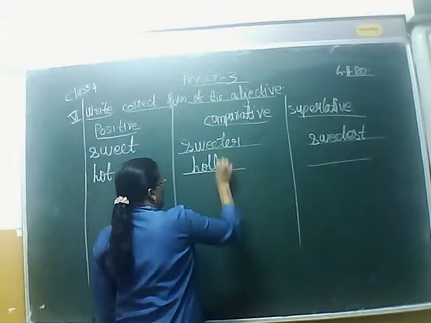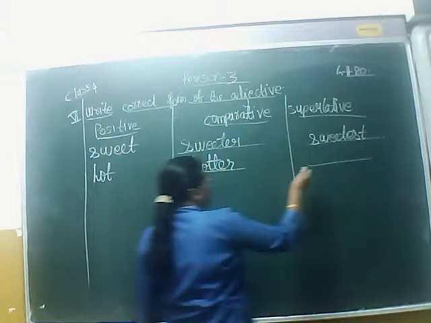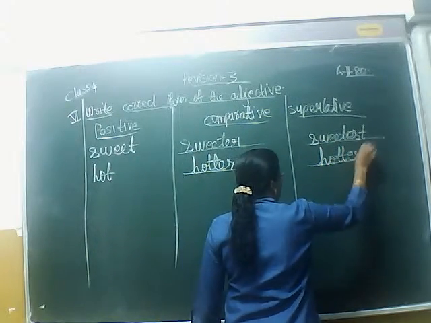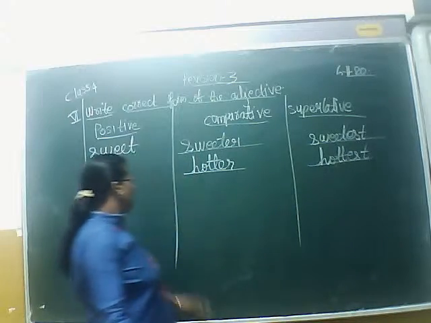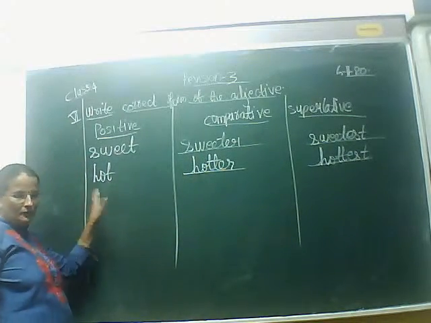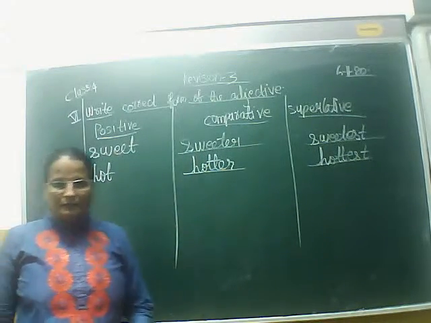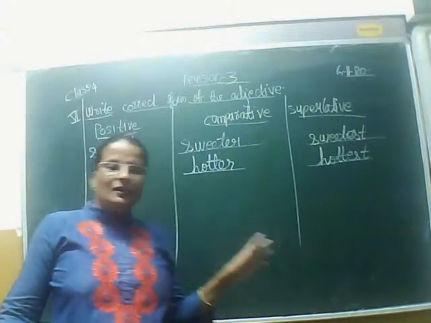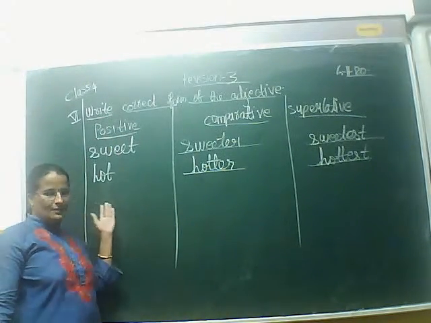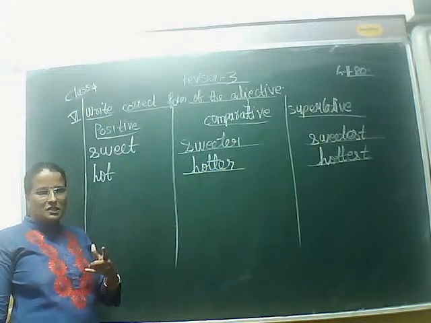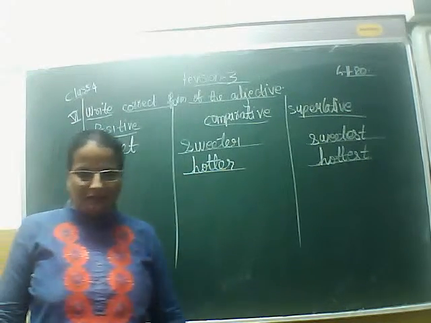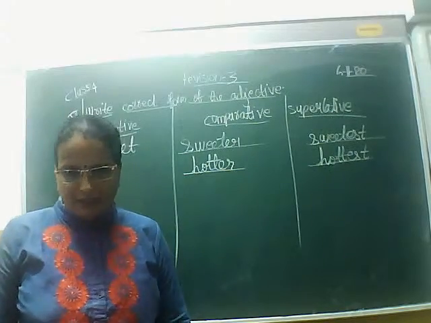So here hot, hotter and hottest. The last letter of the adjective will double if there is a vowel before it, and the adjective should have only one syllable. In that case, it will repeat.